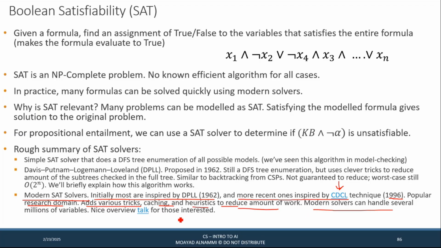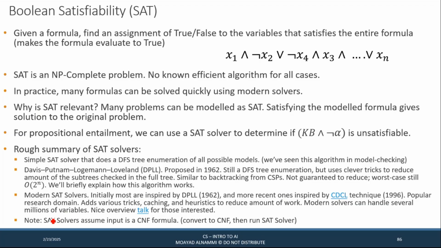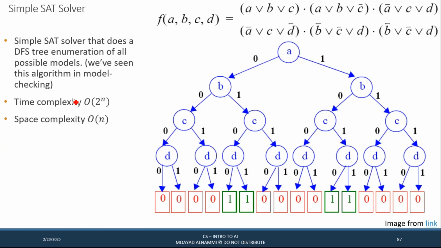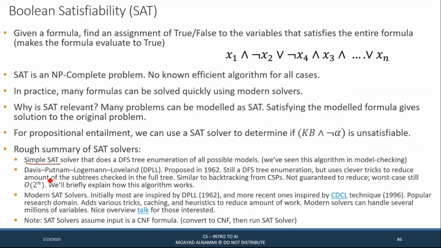Modern solvers nowadays can handle several millions of variables. And here's a nice link for an overview talk for those interested. One thing to note is that these SAT solvers assume that your input is a CNF formula. So you will need to convert your KB and not alpha to CNF, then run your SAT solver. What we'll cover is just these two, the simple SAT solver and DPLL.